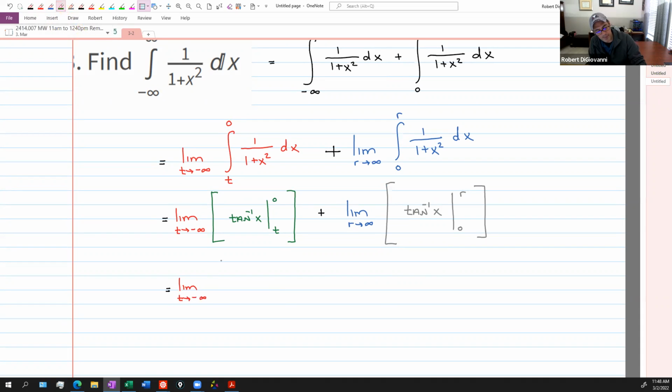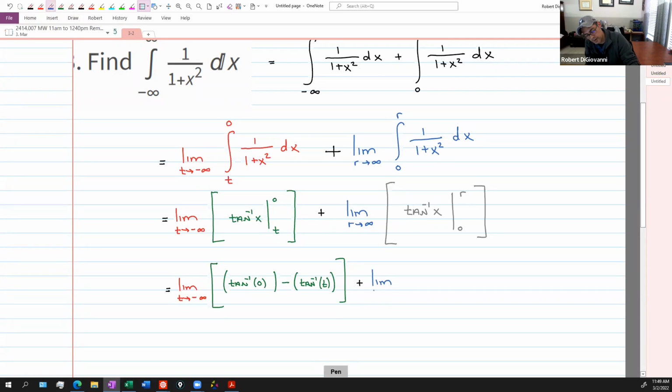All right, now let me plug in. I'm going to have two things subtracted here. So I first plug in 0, inverse tangent of 0. Then I plug in t, inverse tangent of t. I'll figure that out in a minute. Plus, now I have a second limit, limit r goes to infinity.